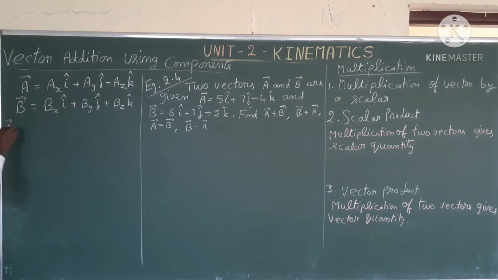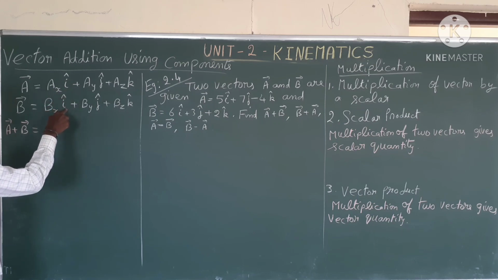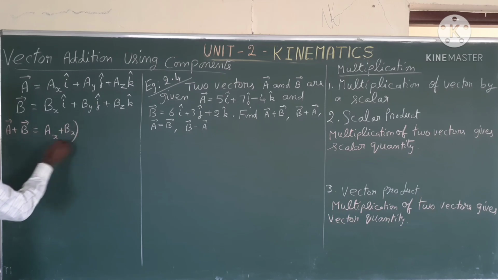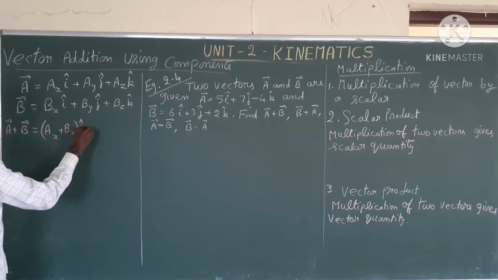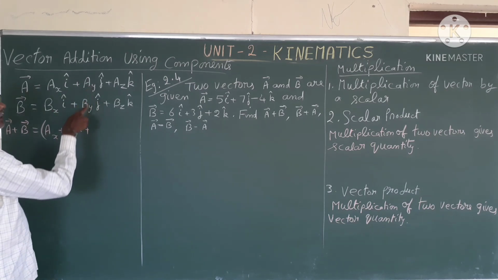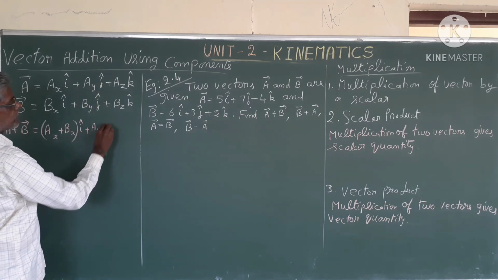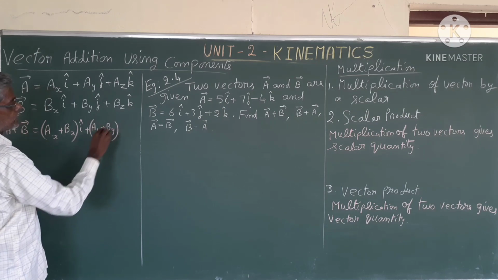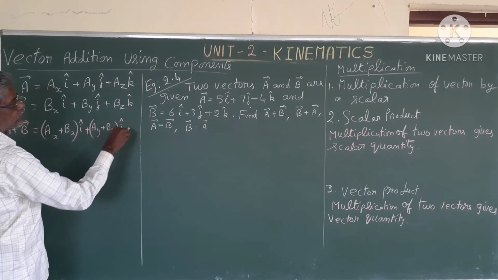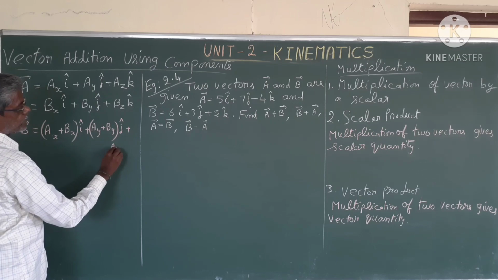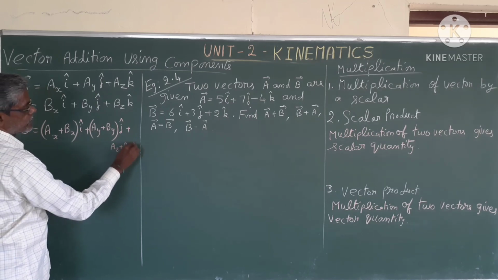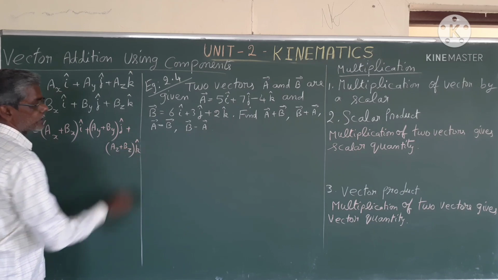So A vector plus B vector is equal to add the magnitude of i vector, so Ax plus Bx into i cap, plus add the magnitude of j vector, Ay plus By into j cap, plus Az plus Bz into k cap.